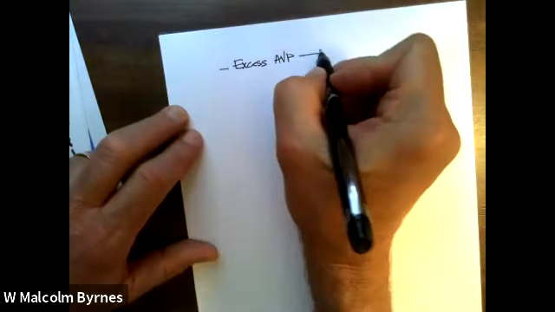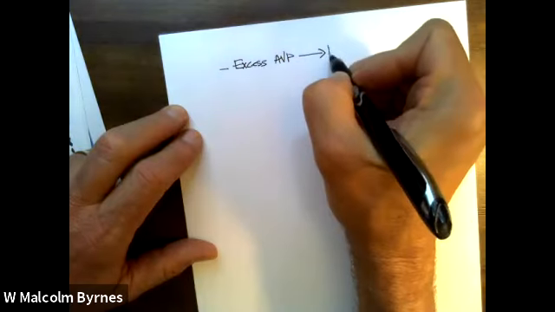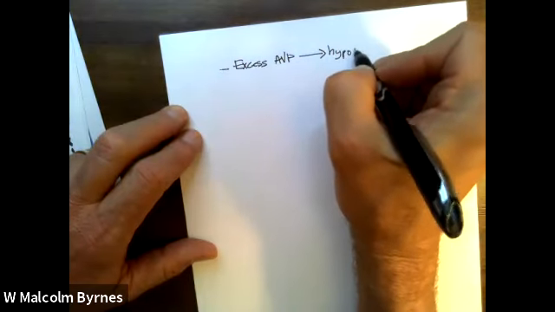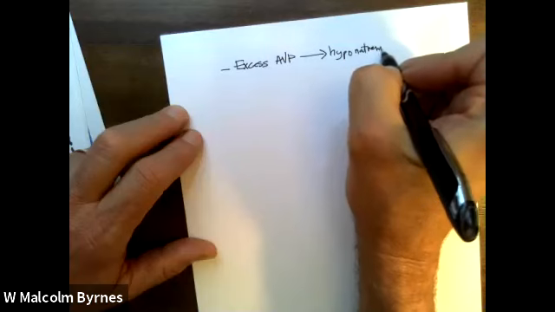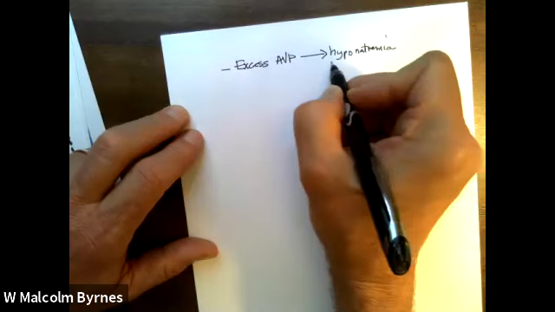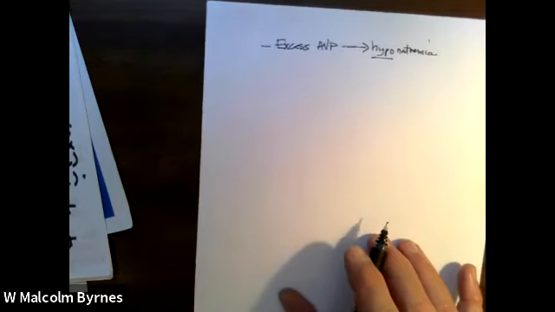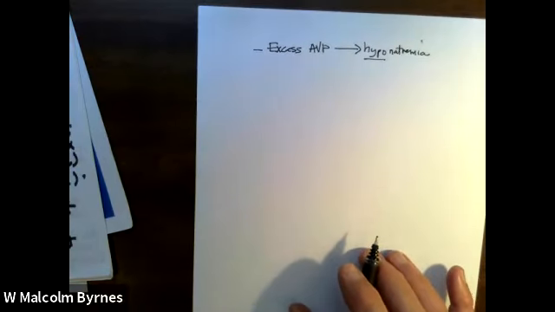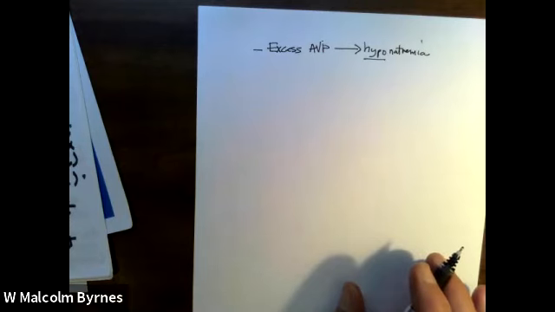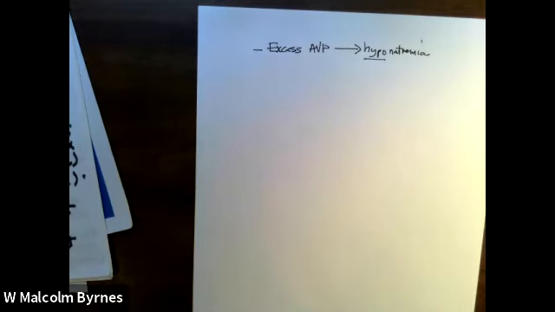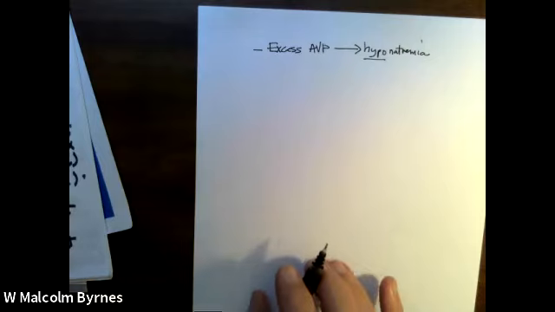We have hyponatremia, which means too low sodium in the blood, in the body, right? Because what's happening here is that we are bringing in too much water and that's diluting the sodium.